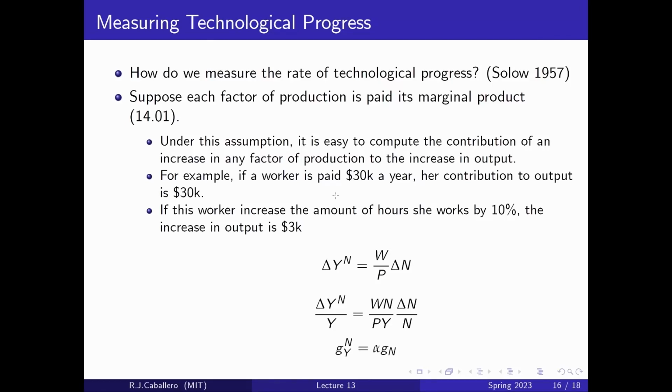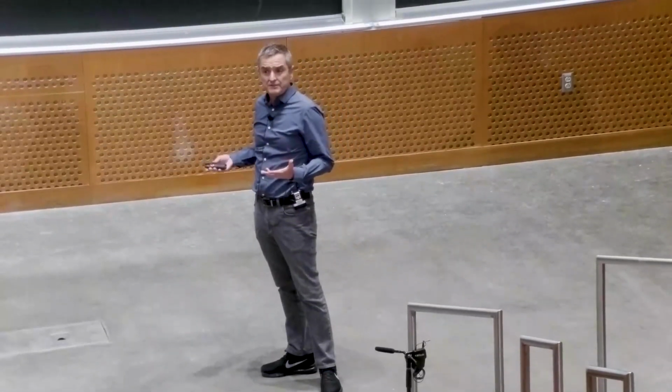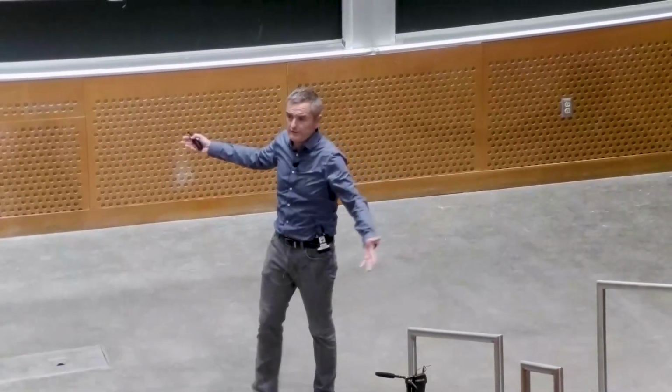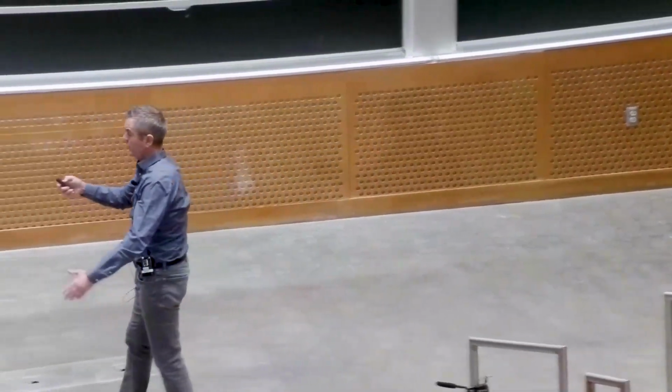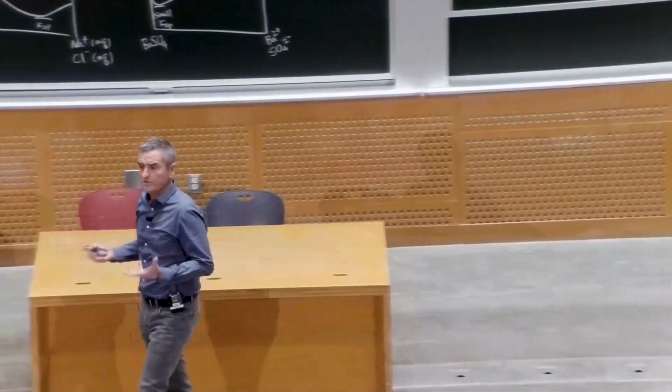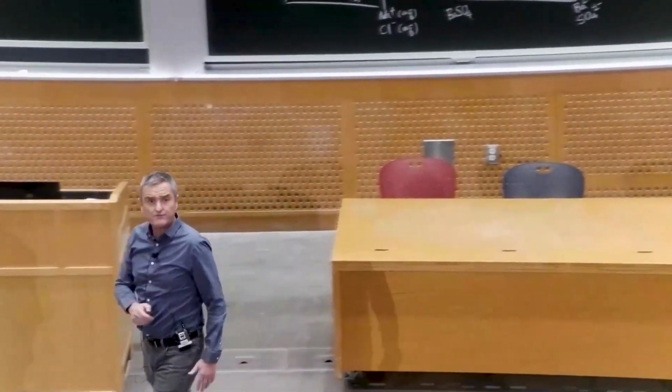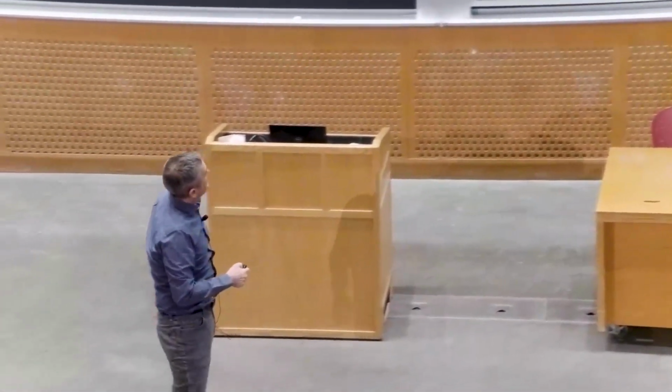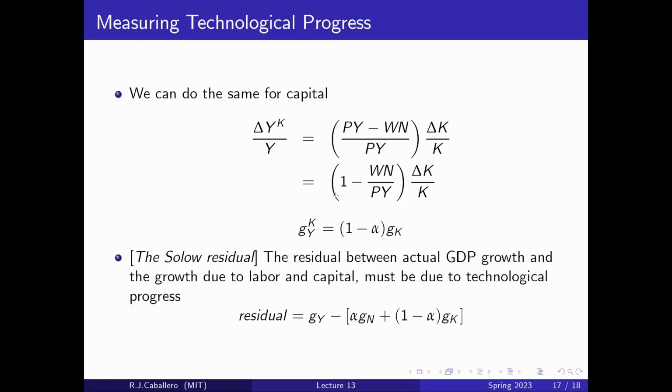Okay? I can do exactly the same with capital. And if you have more factors of production, you can do the same for each factor of production. But in this simple example, we have only two factors of production, labor and capital. So I can do the same for capital. The contribution of capital growth to output growth is going to be equal to the capital share, which is the complement of the labor share.